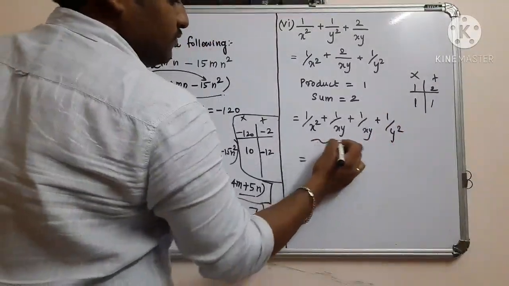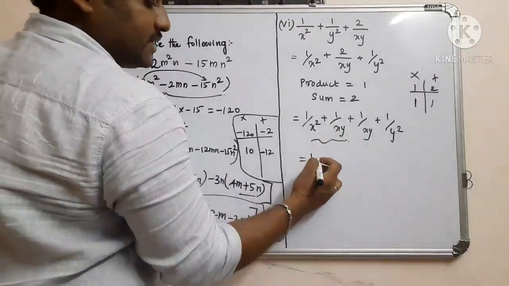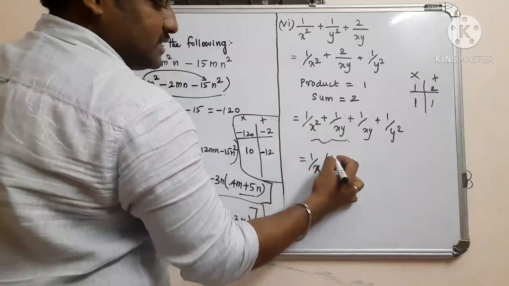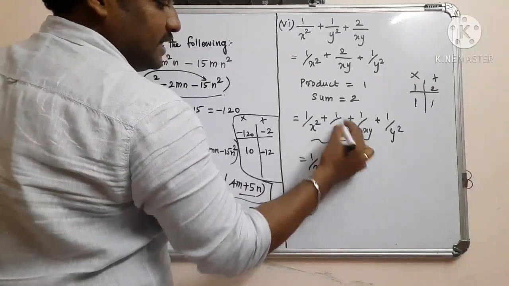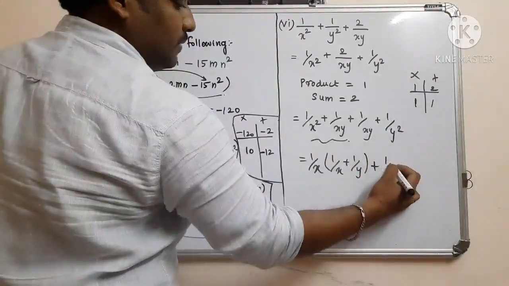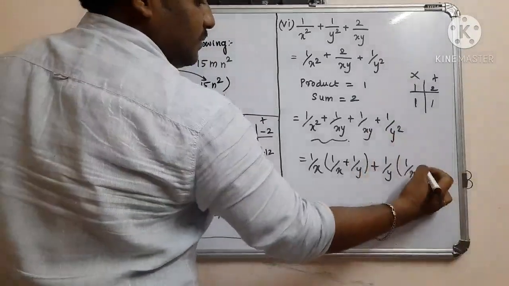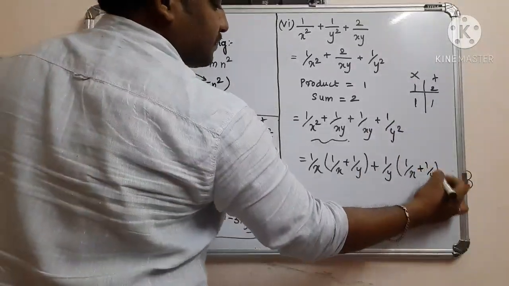Now we can take 1 by x from these two terms. We can take 1 by x as common. Remaining is 1 by x plus 1 by y. Here 1 by y is common, so the remaining term is 1 by x, plus 1 by y.